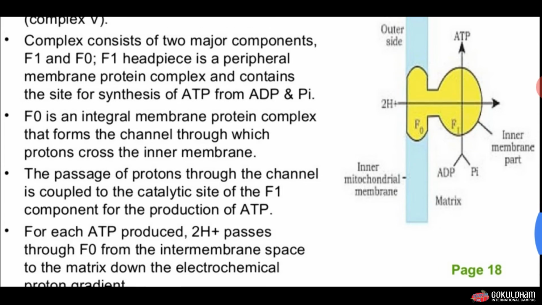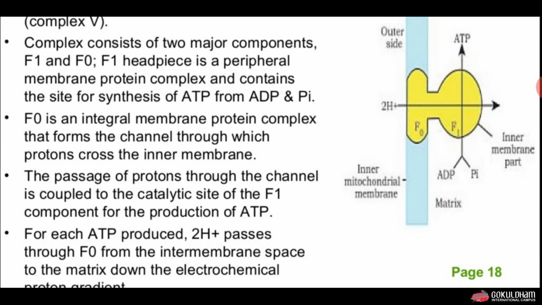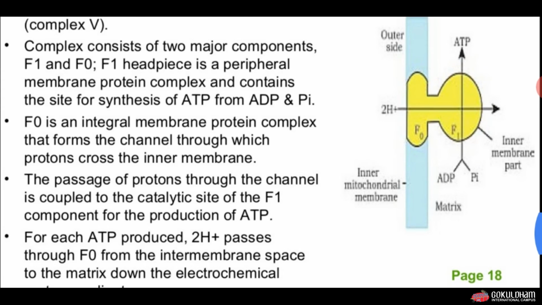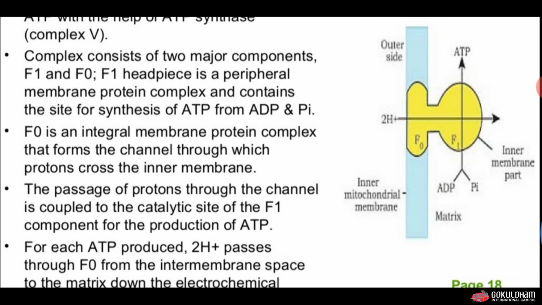For each ATP produced, two protons pass through F0 from the intermembrane space to the matrix, down the electrochemical proton gradient.